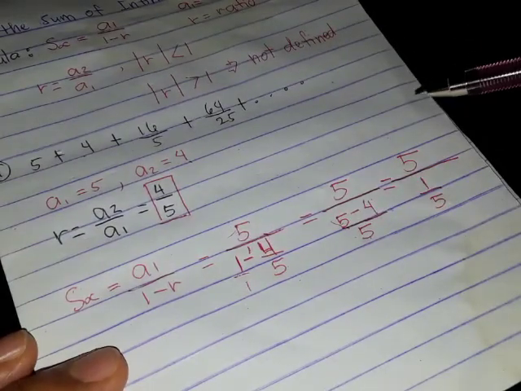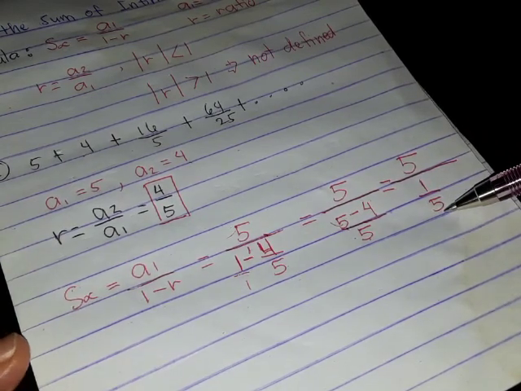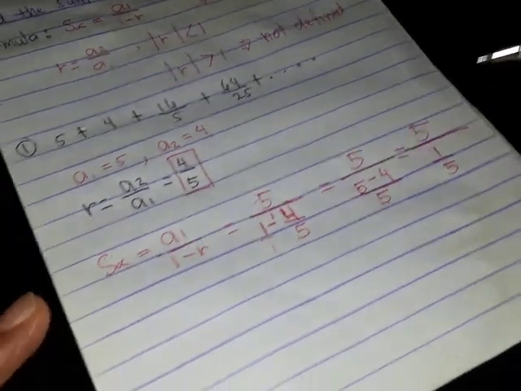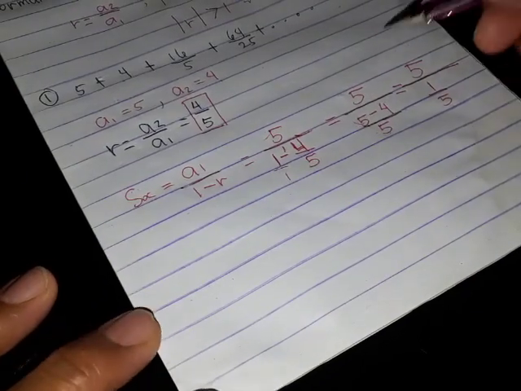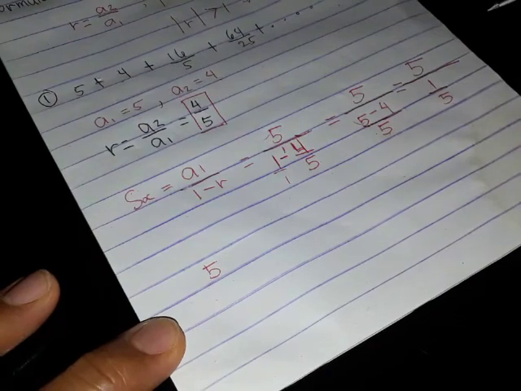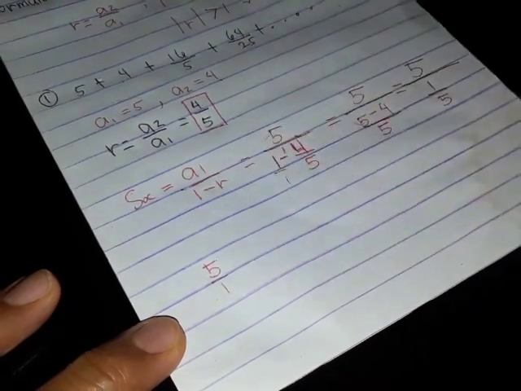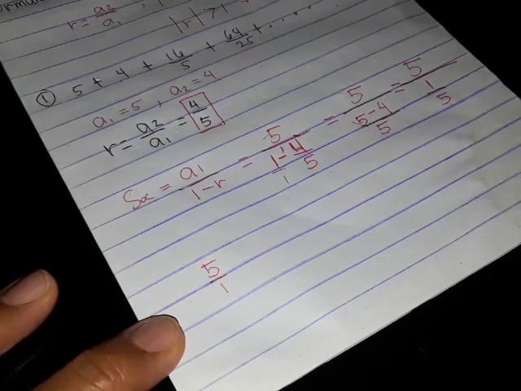Next, kung napapansin ninyo ay mayroon tayong whole number and fraction. Okay, so ano ang gagawin natin? Pag ganitong case, kopyahin si 5. Of course, gawin natin siyang fraction by putting 1 as its denominator.